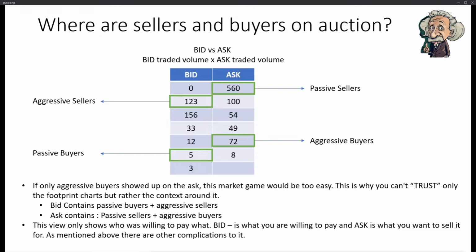+1, -1, neutral. A neutral trade would be what in trading? Buy and sell at the same price. It would be the limit orders, when the limits are trading in the middle, and you're not really aggressively moving the price.